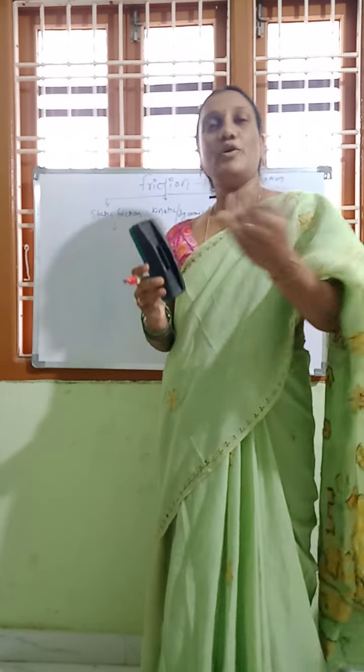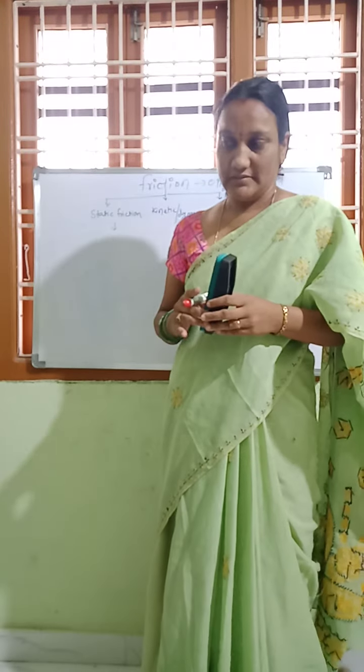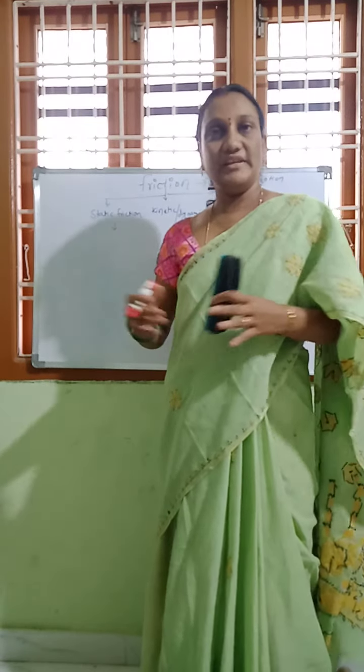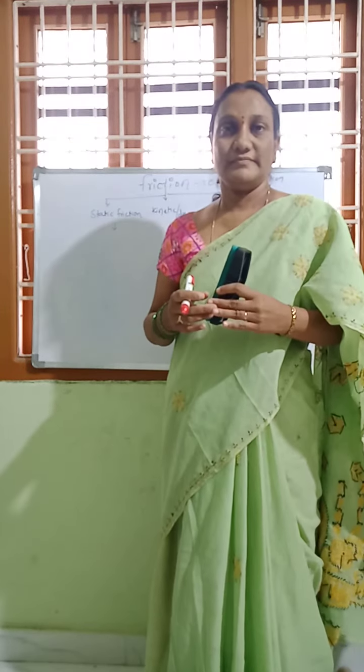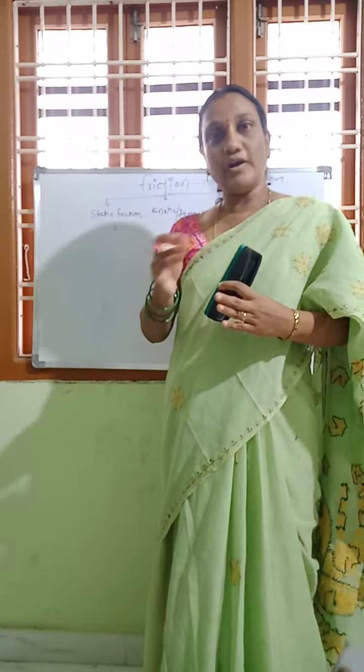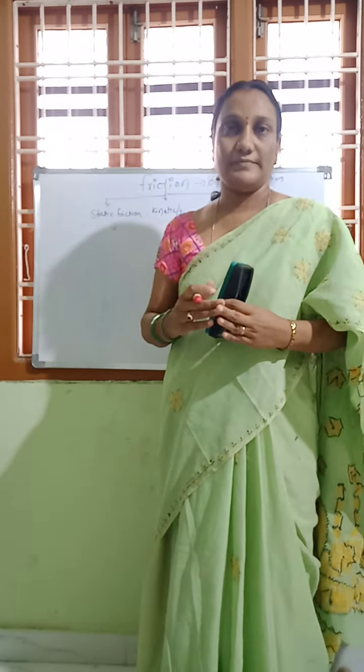Here we see many bodies at rest position, such as almirahs, chairs, tables, books on the table, etc. These all are in rest position. But we cannot say that these bodies are having static friction.